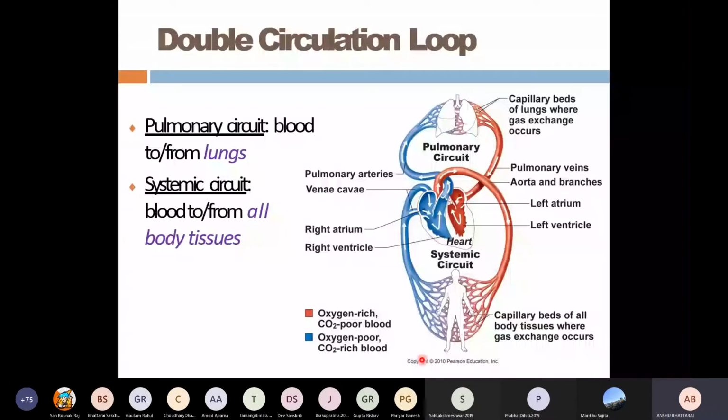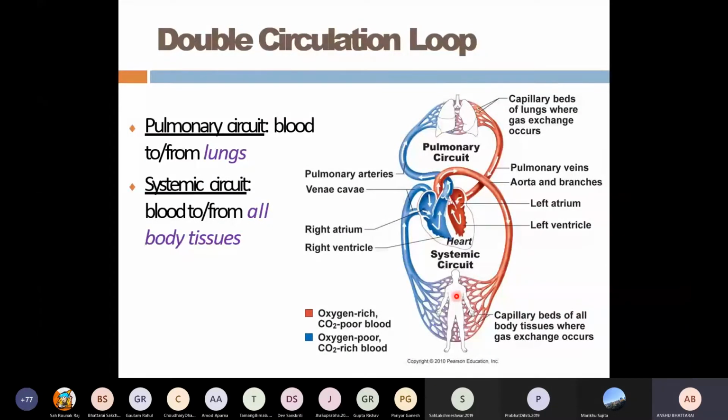So let me start from the body's tissues. Your body's tissues undergo several metabolic processes, and they are continuously producing carbon dioxide by using oxygen. Around any of your body's tissues, there are several systemic or tissue capillaries present.